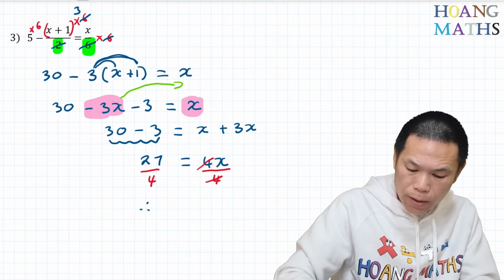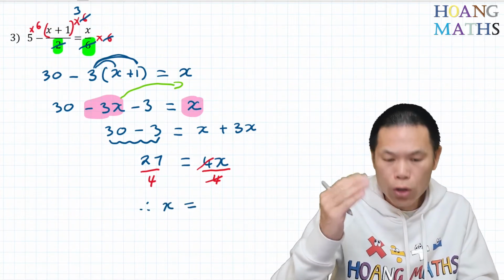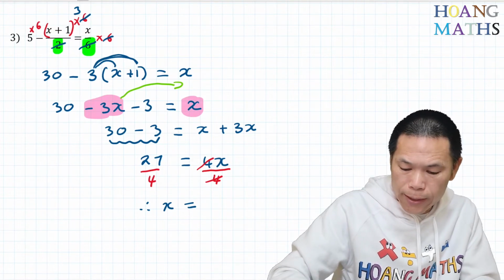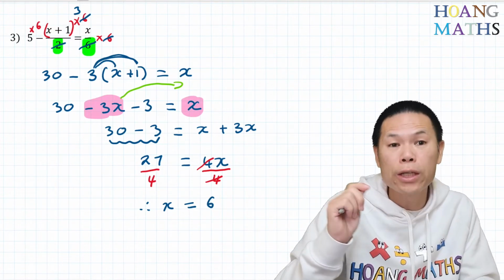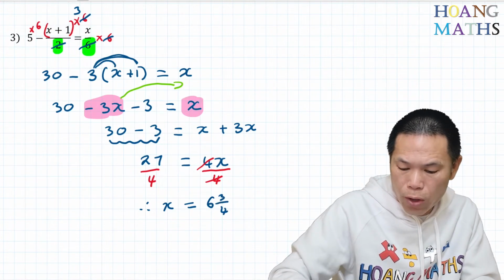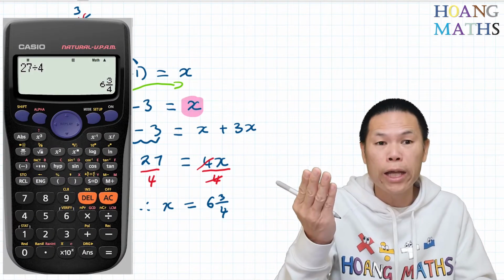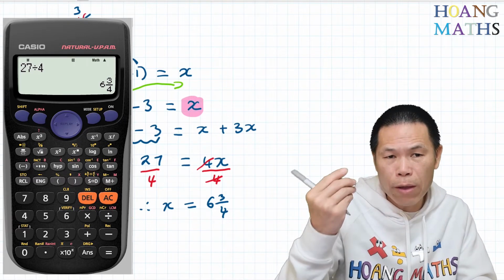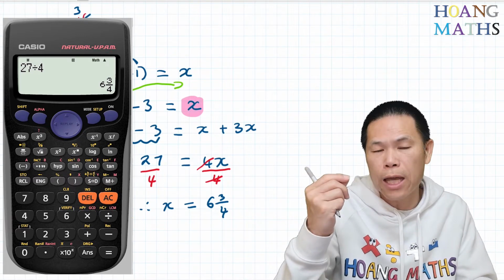Therefore, x is equal to 27 divided by 4: 4 goes into 27 six times, because 6 times 4 is 24, remainder 3. So 3 over 4. Otherwise, you can just put it on a calculator. So 27 divided by 4 should give me 6 and 3/4.